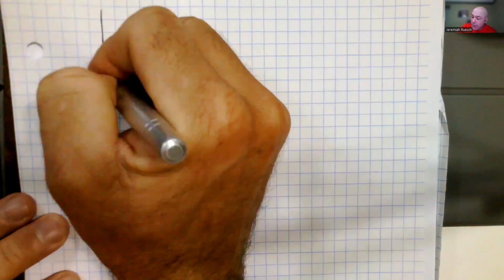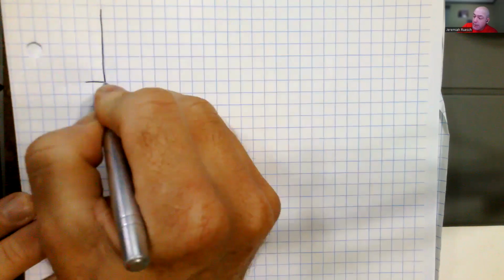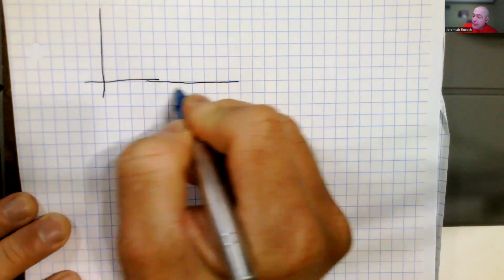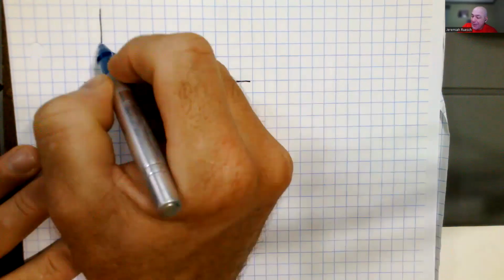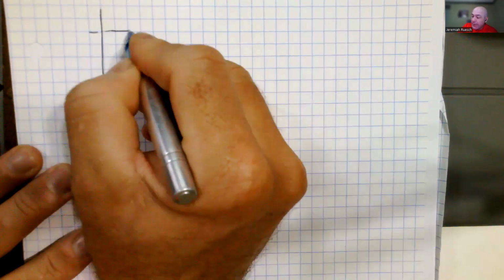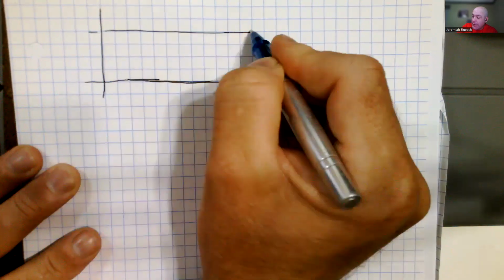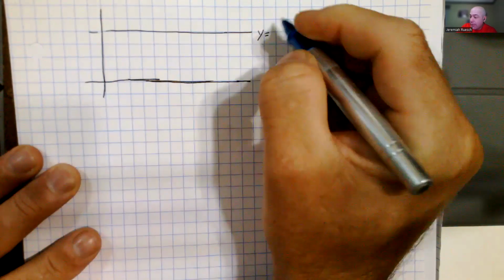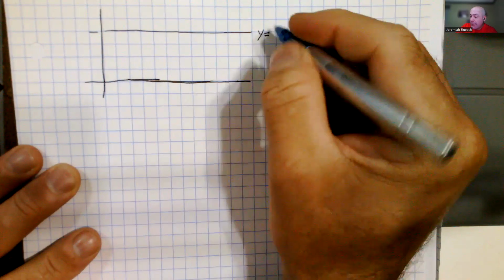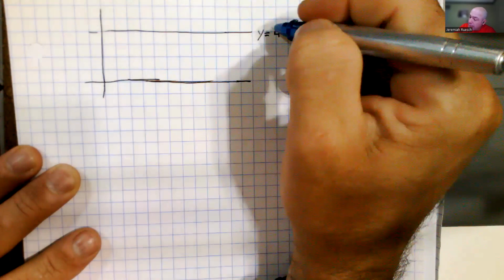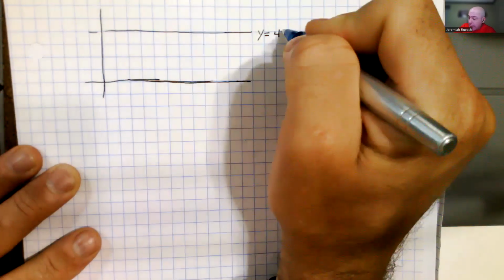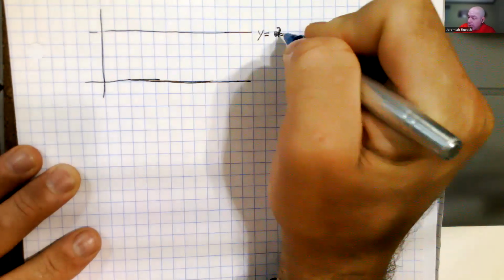So if I draw a shape like this, here's the function for y. Okay, so y is equal to, let's call it 4. No, I think the height was 2. Yeah, sorry. Let's call it y equals 2.